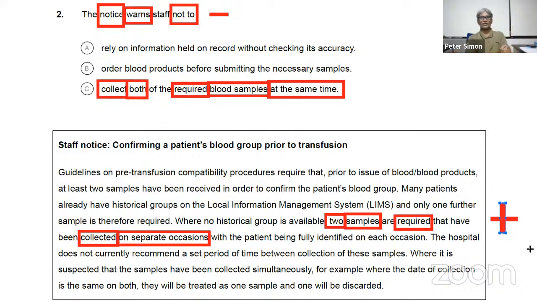So when positive and negative are clubbed, then the opposite should be given. Not to collect, here collect. Same time, separate occasion. So automatically it is done. Don't come at the same time. Both of you should not come at the same time.